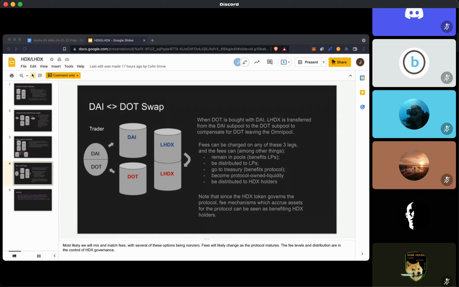Sorry, we lost Colin again, but you could read it by yourself. The variety of ways to use fees generated by the pool is pretty rich, and as you can see, the Omnipool of Hydra is like a cash flow machine, and basically LHDX is a buffer for value flowing through the system.